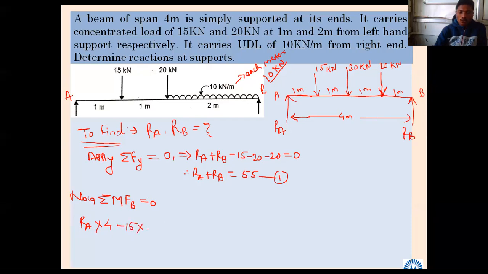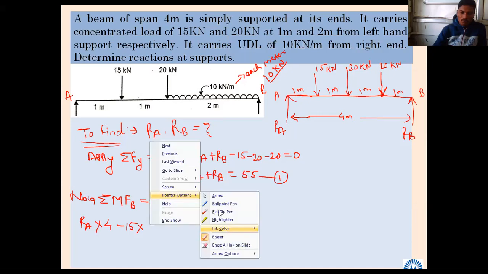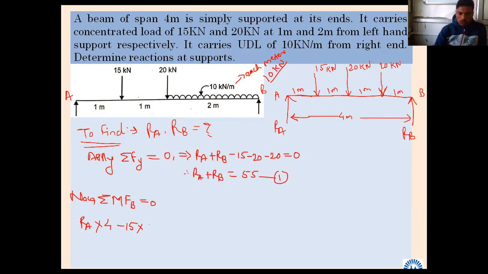Anti-clockwise. 15 into 3. Then the 20 kilonewton force, again the object will rotate in anti-clockwise direction. So 20 into 2, minus 20 into 1, equal to 0.